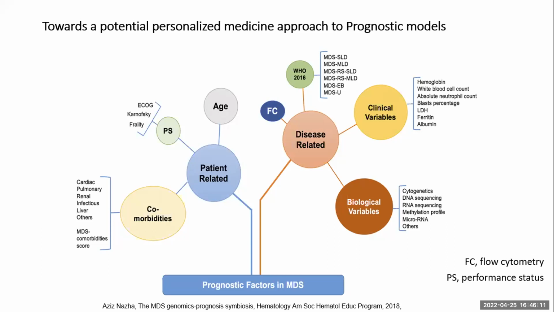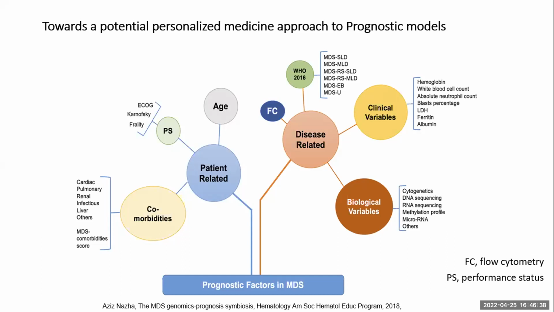Then you look at things like flow cytometry. Surely some flow markers speak about prognosis in terms of any myeloid malignancy. And then clinical variables to consider, apart from the hemoglobin, white cell count and blast count that are already incorporated here, I think other parameters like LDH, ferritin, and albumin can also add value to these scoring systems.